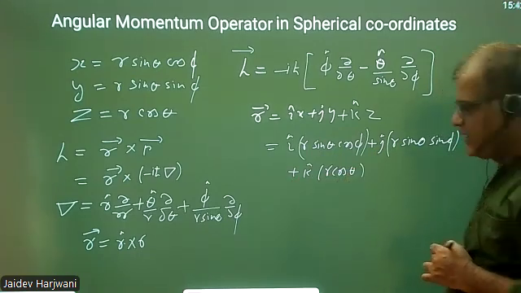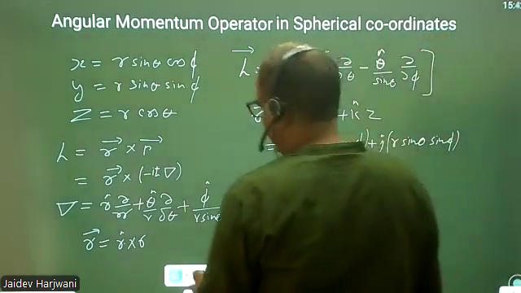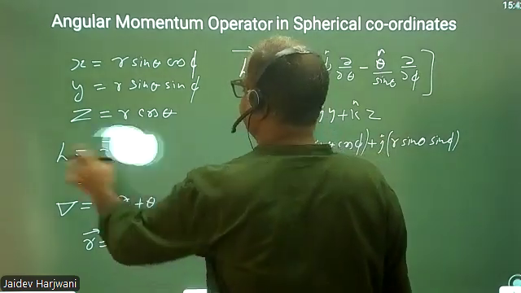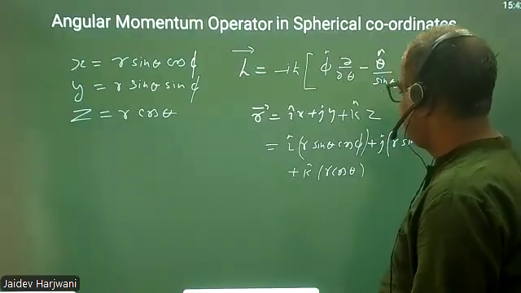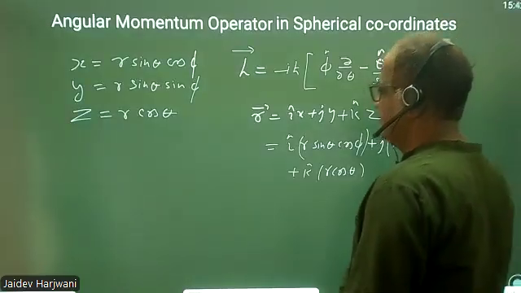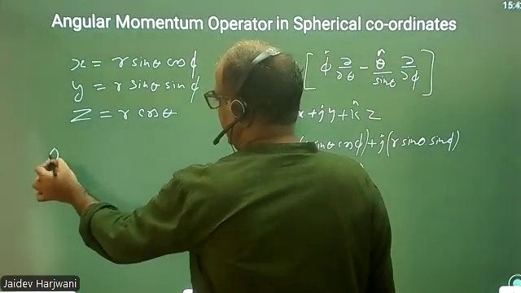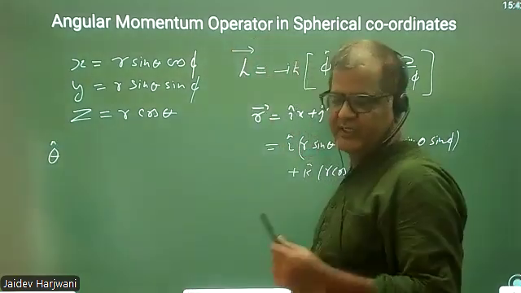So now I have r. Now I want to find θ̂. θ̂ is a unit vector in the direction of θ.